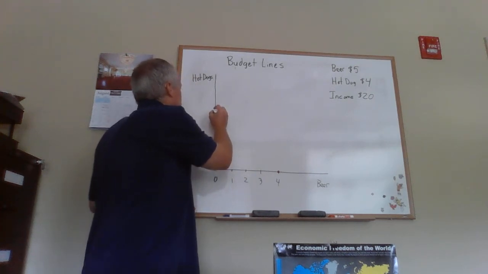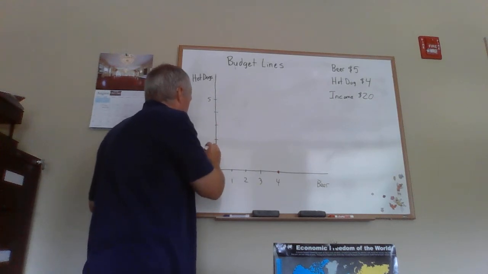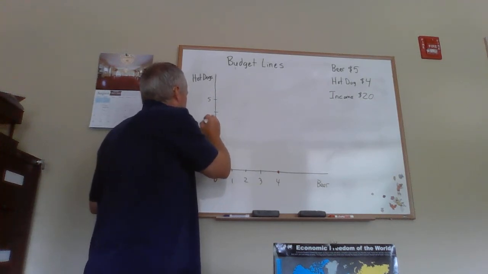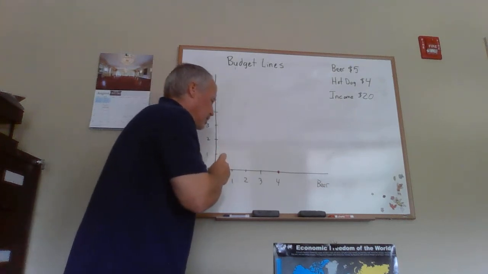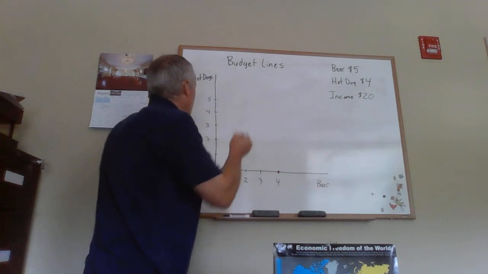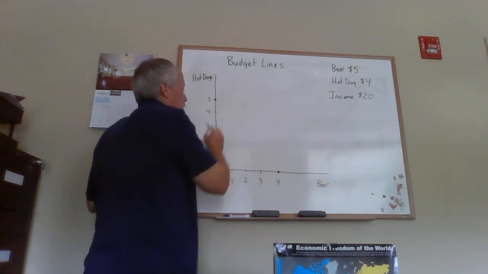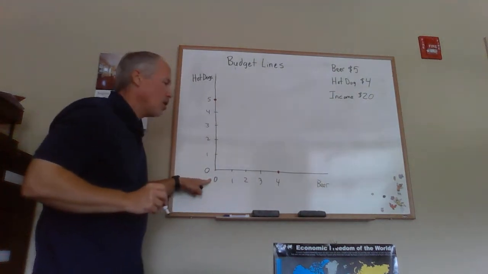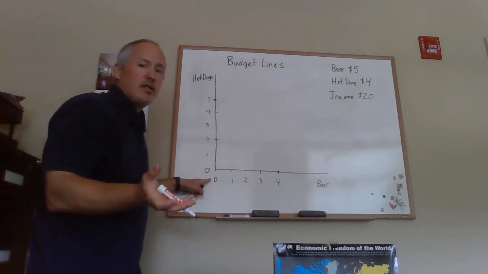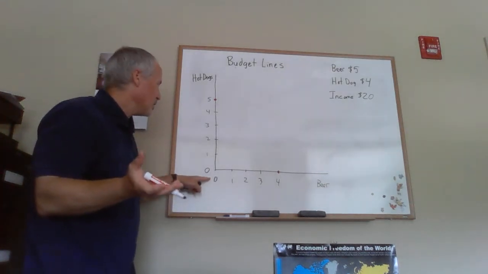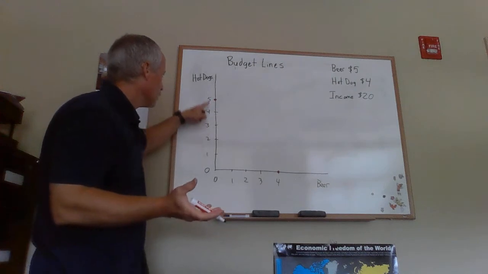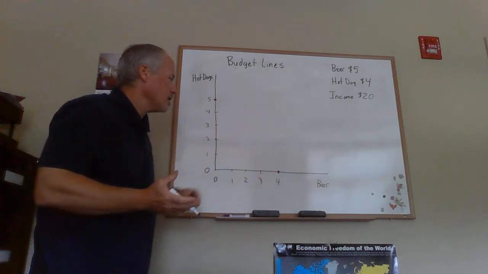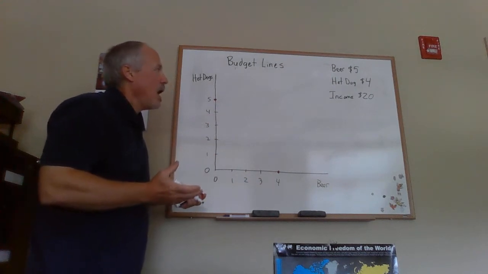So we could trace that out here, and we'll have a point here because, again, if you're spending all of your money on hot dogs, then you don't have any money to spend on beer. So the quantity of beer you'd have in this bundle would be 0. So 0 and 5, 4 and 0, that gives us 2 points there.